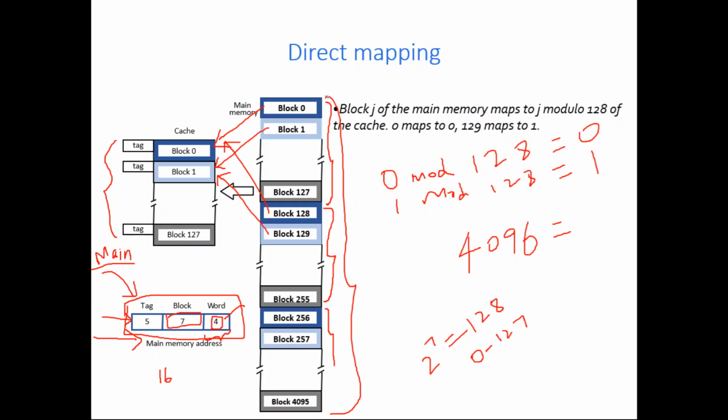So how many such groups of 128 blocks are available in main memory?